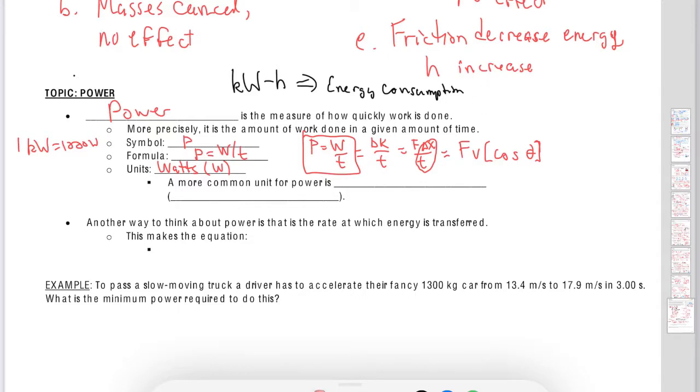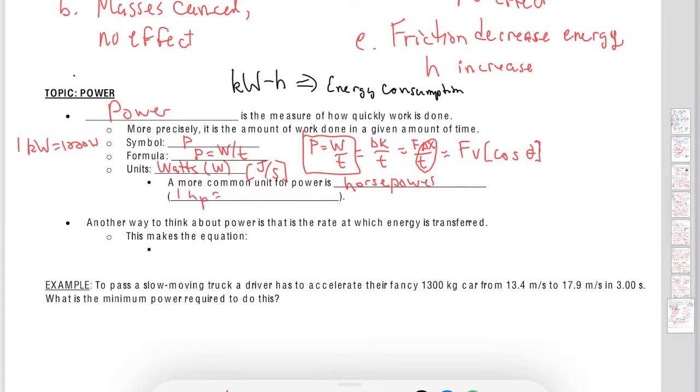It's weird because the actual unit of watts is a joule per second, which may pop up sometimes in some multiple choice question because it's a unit of energy over a unit of time.